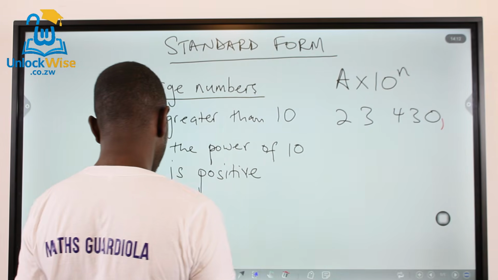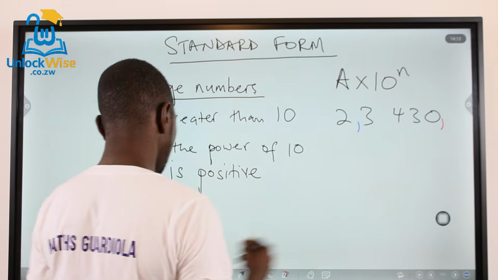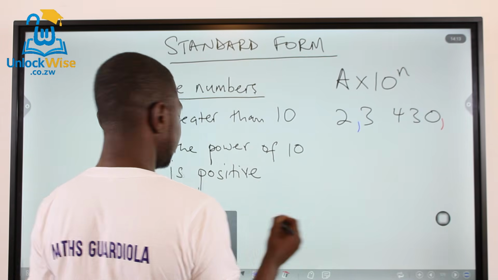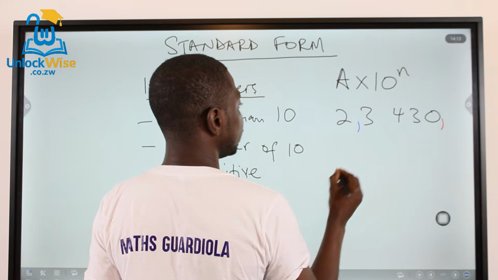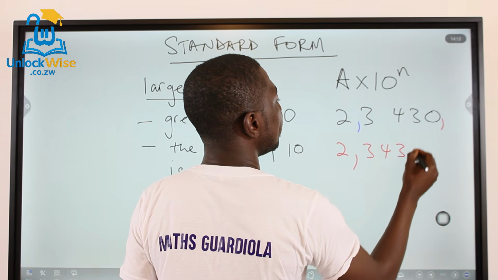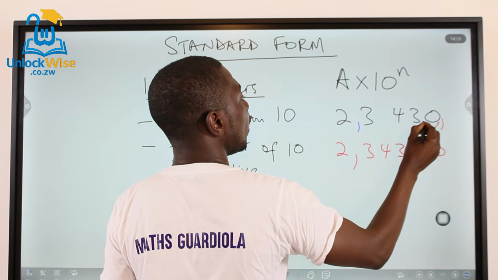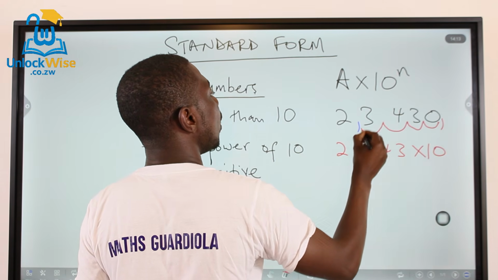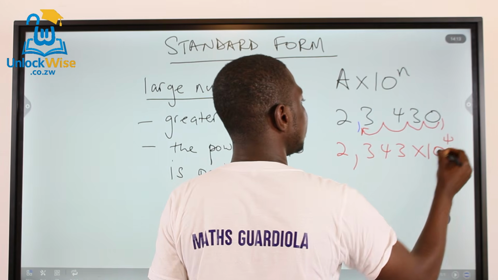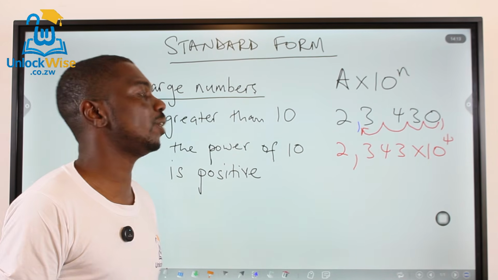So our comma is now supposed to be here. So we are going to write this as 2, comma 3, 4, 3 times 10 to the power. How many times does our comma move? 1, 2, 3, 4. So this is going to be 2, comma 3, 4, 3 times 10 to the power 4.